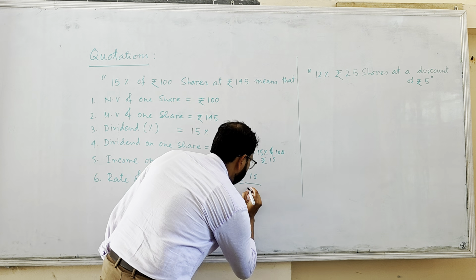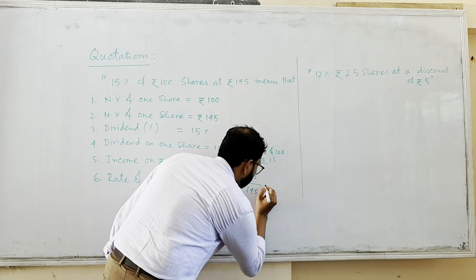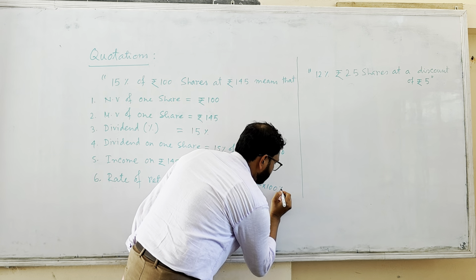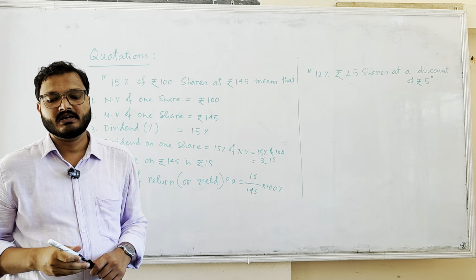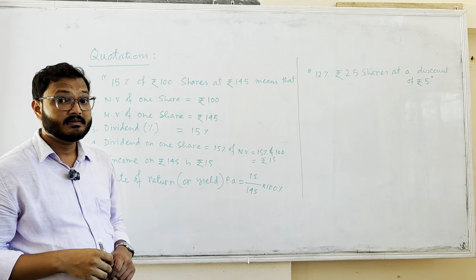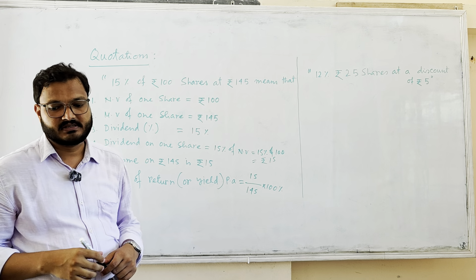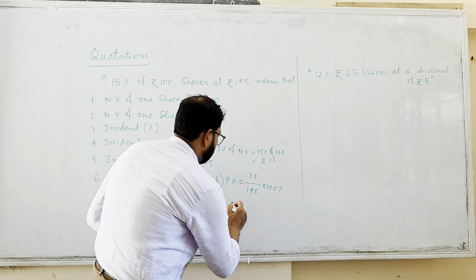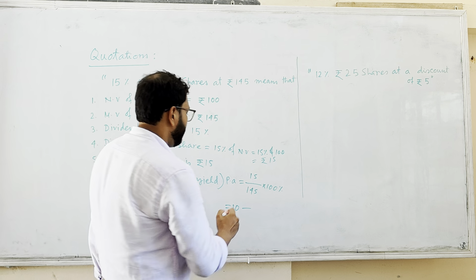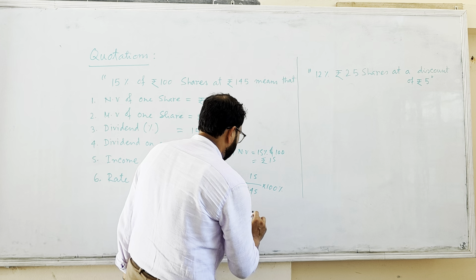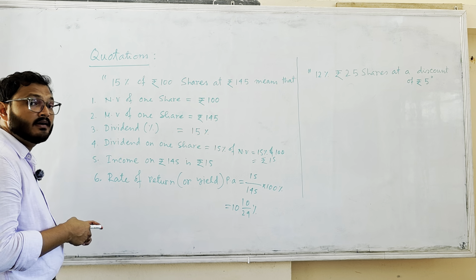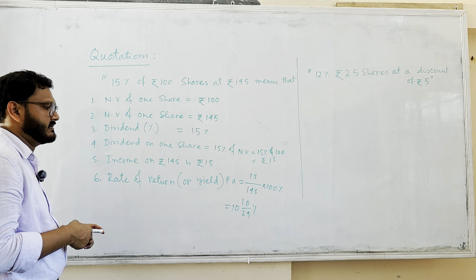So 15 by 145 into 100 percent, that will be our return percentage. If you calculate, it will come to 10 and 10 by 29 percent.